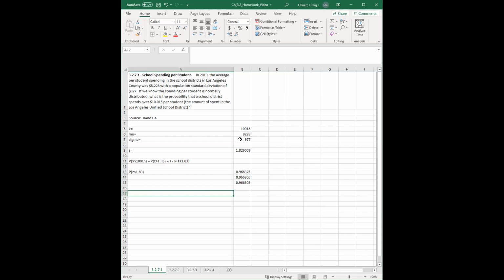To get the final answer, calculate equals 1 minus, and click on the cell with the area to the left to get 0.0337. So the answer to the probability that we'd randomly choose a school district that spends over 10,015 is about 3.4%. That is the answer to 3.2.7.1.